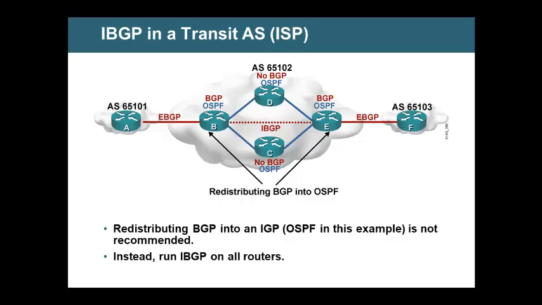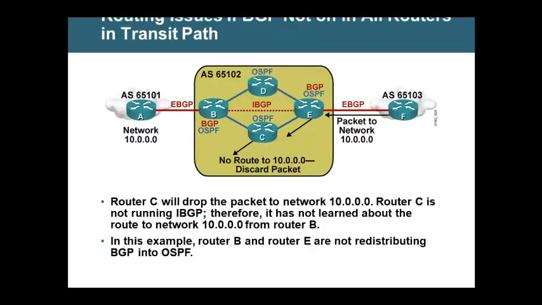Fine. Now, let's say F is advertising a network like this. You see, same scenario, same picture, right? Do you have BGP on D and C? And you see there is a network advertised by, sorry, there is a network advertised by A. A is advertising this network.